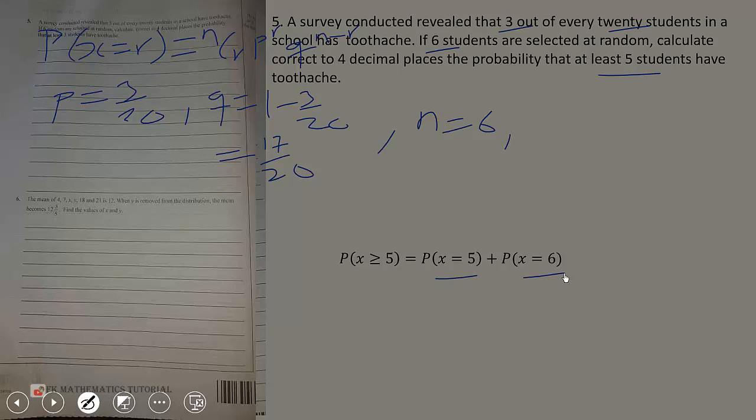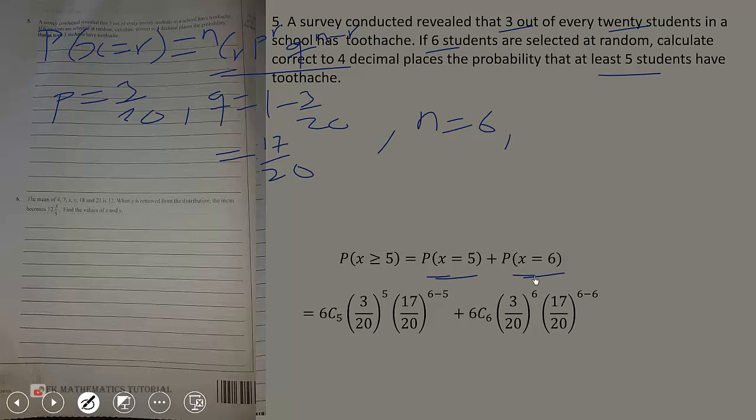So we substitute x equal 5 into this formula, and that will give us this expression. For this one, we substitute x equals 6. So remember, 6 combination 5 is the same as 6. So you're going to get 6 times 3 over 20 exponent 5. Then 6 combination 6 is 1, then 17 over 20 exponent 0 is 1.